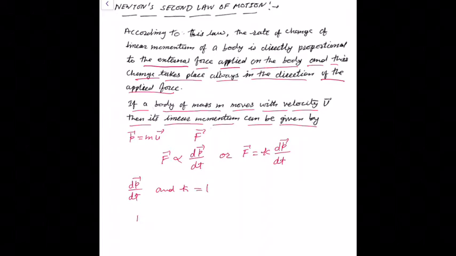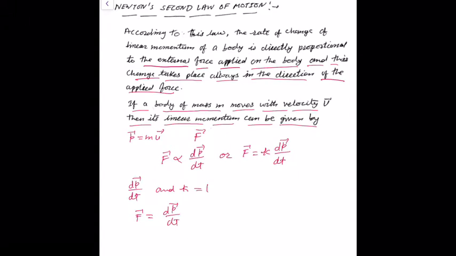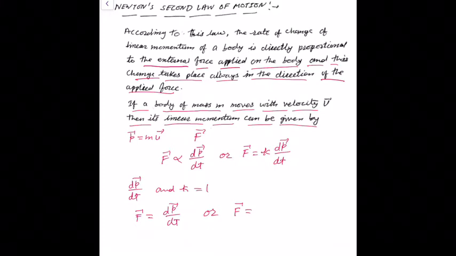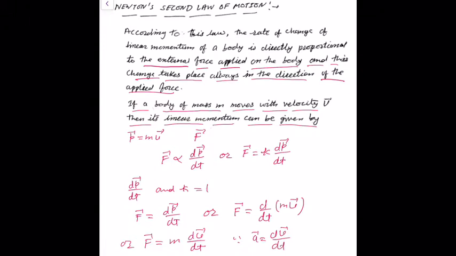Then F is equal to dp upon dt, or F is equal to d by dt into m v vector, or F vector is equal to m dv vector upon dt, since a is equal to dv vector upon dt.